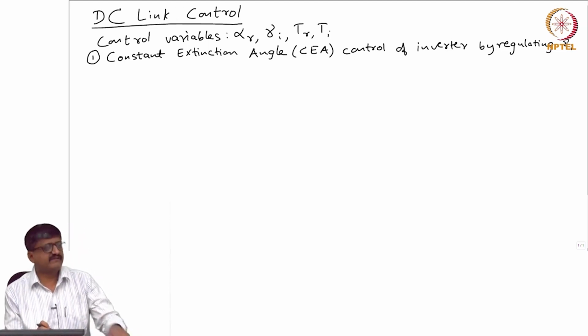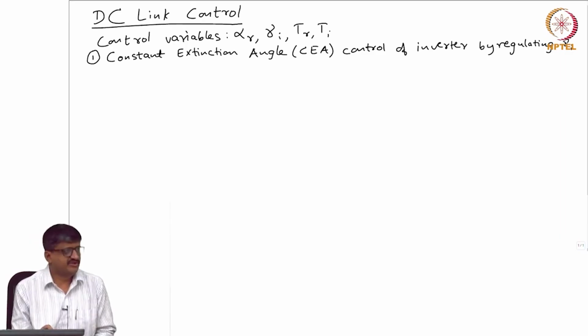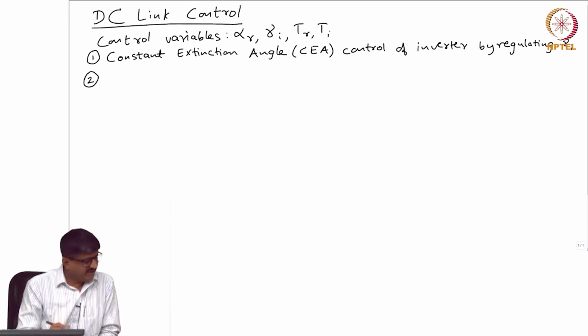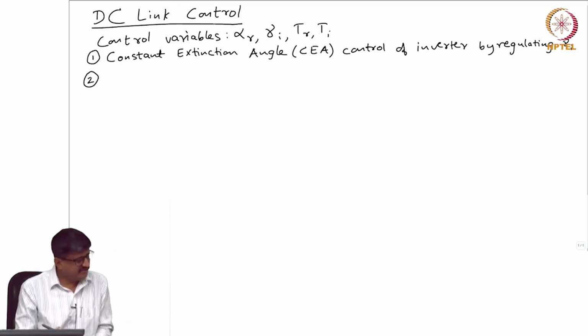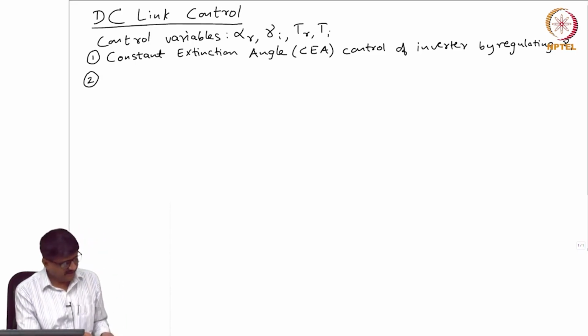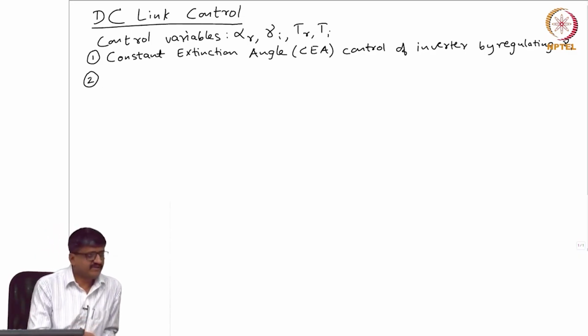See, for the rectifier the commutation is not an issue. Then we use constant current control, where we try to regulate current. In the last class we saw that there can be fluctuations of the current, which can damage the weak component, that is the valves.